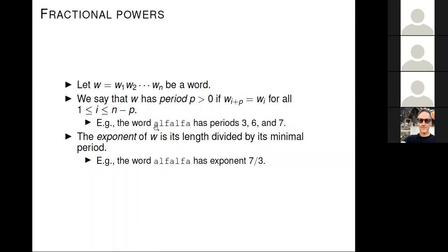And you can check that it has period 3 just because we have ALF and then ALFA. So it's just ALF repeating itself over and over. And the exponent of W is its length divided by its minimal period. So the smallest period of alfalfa was 3, and its length is 7, so it has exponent 7/3.